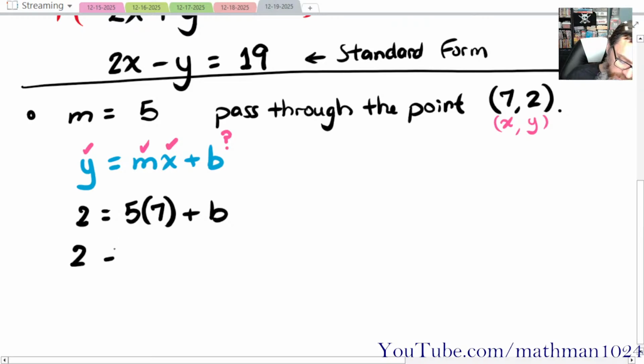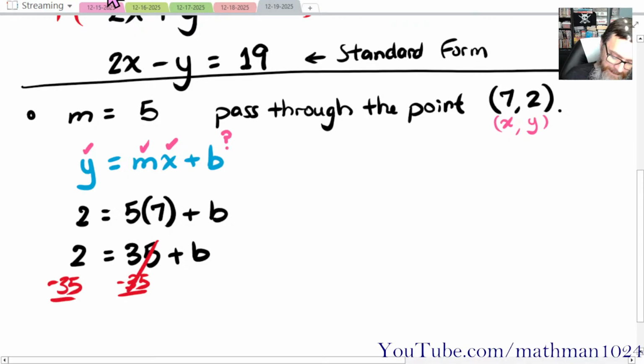All right, so let's work this out. 2 equals 35 plus b. And then we want to solve for b by moving the 35 to the other side. So I'm going to go ahead and write minus 35 here because it's a little bit easier for me if I see it. So b equals 2 minus 35, which is negative 33.